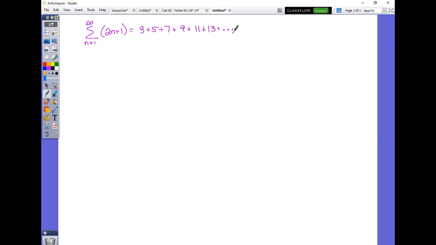When I ask you to find these partial sums then, and I write S of 1, S of 2, S of 3, S of 4, S of 5, what I'm asking you to do is find, for S of 1, the partial sum of one term from the series, which is 3.